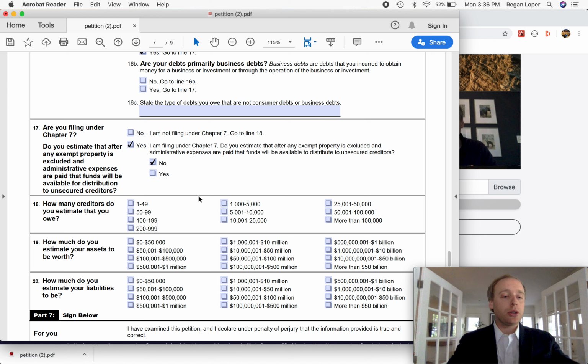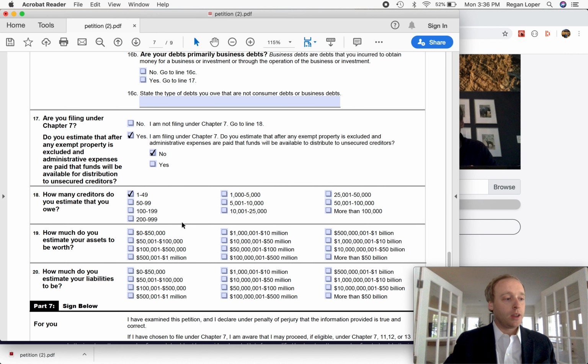Box 18, how many creditors do you estimate that you owe? This is pretty straightforward. In Ashley's case, she estimates that she owed between 1 and 49 creditors. And she lists them all in her schedules, as we'll see in a later video. And so you'll see she's got under 49 creditors. Obviously, if you have more, select the amount in the box shown here.